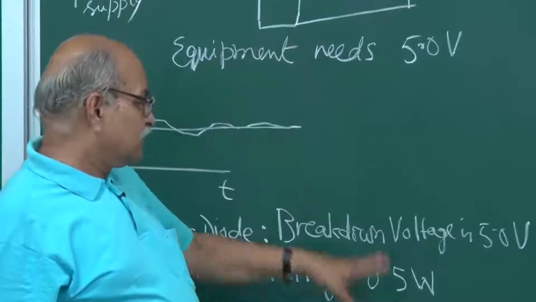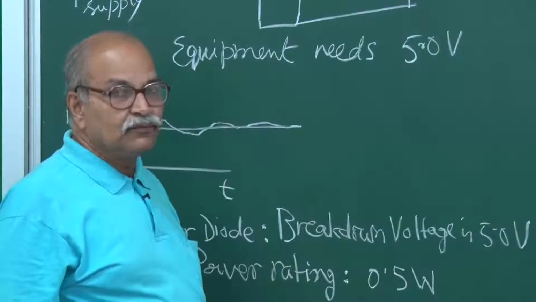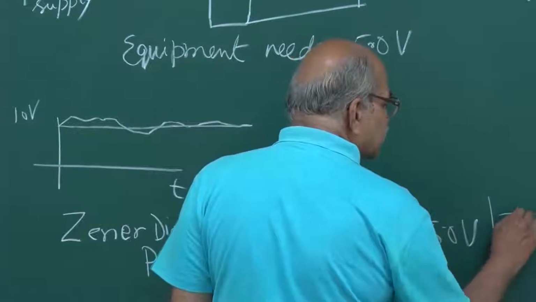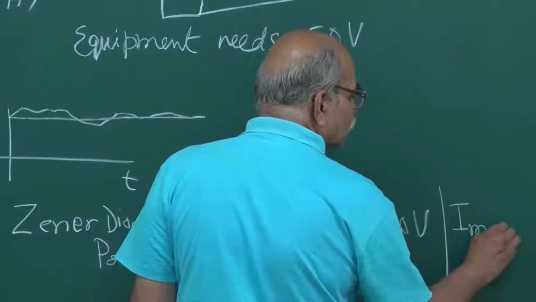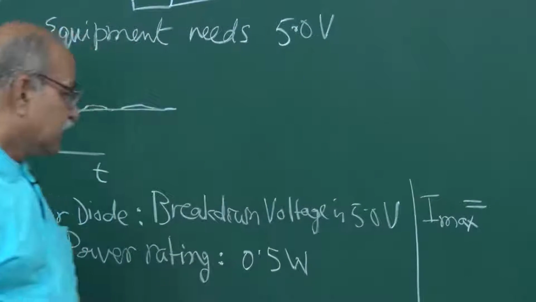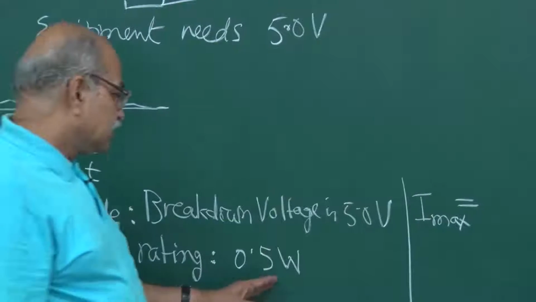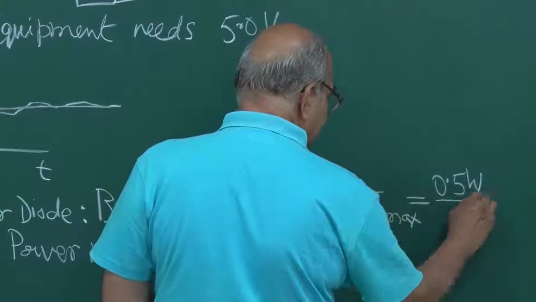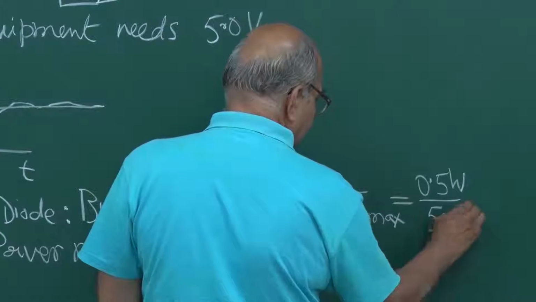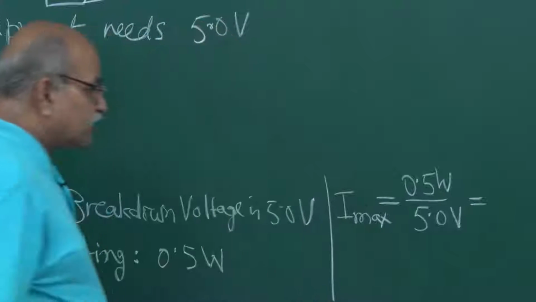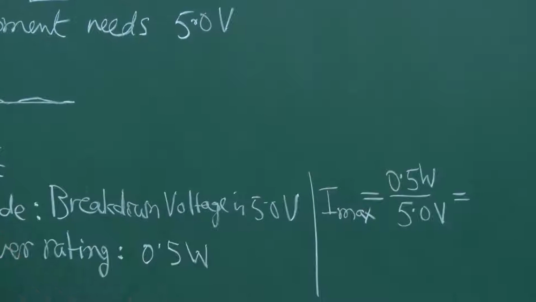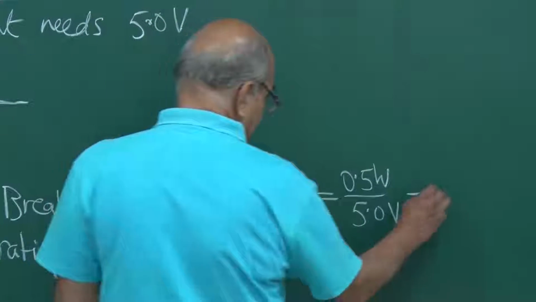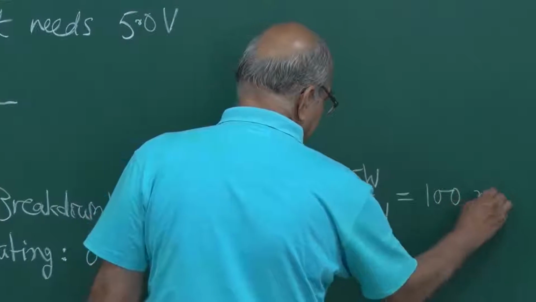Suppose for my Zener the power rating is 0.5 watt. What does that mean? The maximum current which can go through this Zener is what? V into I is power, so it should be 0.5 watt divided by 5.0 volts. That is 0.1 ampere or 100 milliampere.